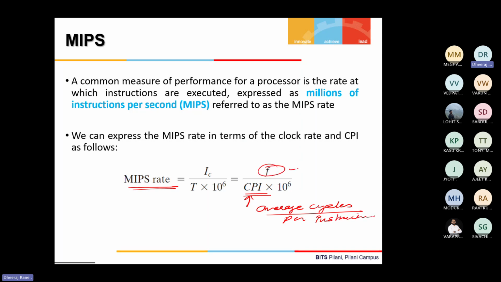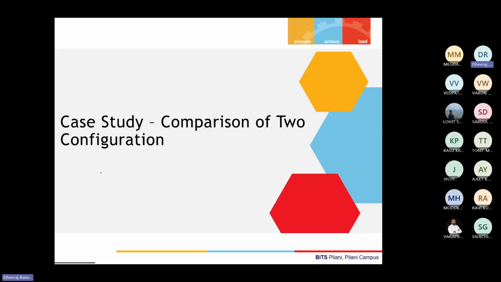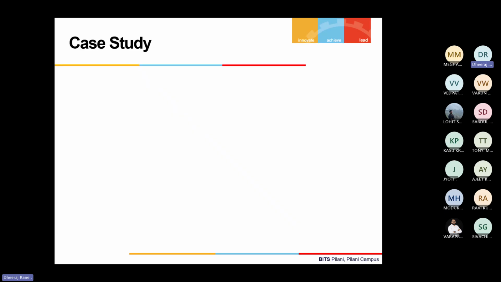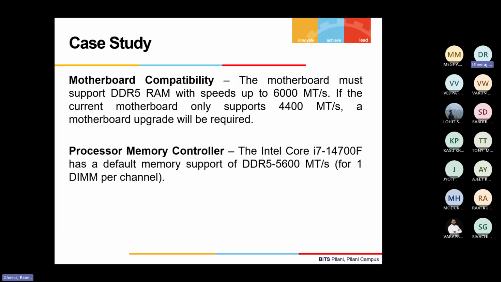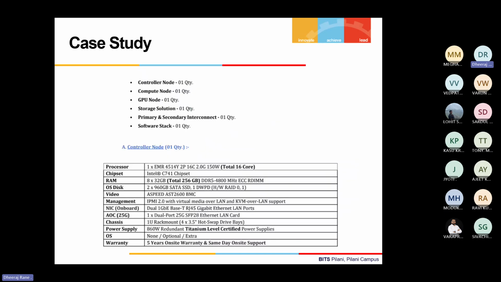And here we are having the frequency. So that way we can have a good comparison. Later on, we have gone through a few of the case studies in terms of clusters, in terms of processor, RAM. So you might have gone through this.